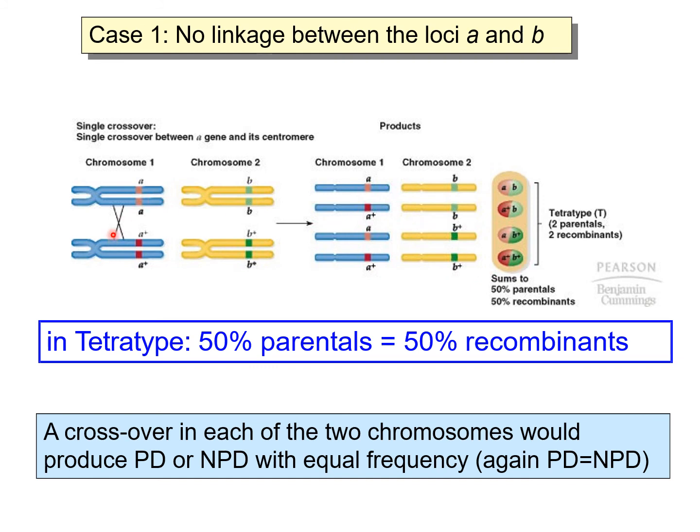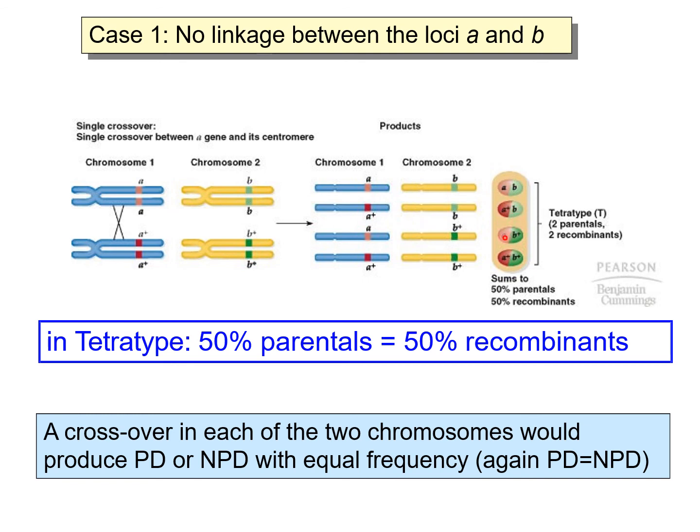Now the crossover has taken place between chromatid 2 and 3, so there would be an exchange of this A plus locus. So this A plus will go over here and only small a will move down to here. In that case A plus will be with B and small a will be with B plus. So this is nothing but the recombinant genotype.